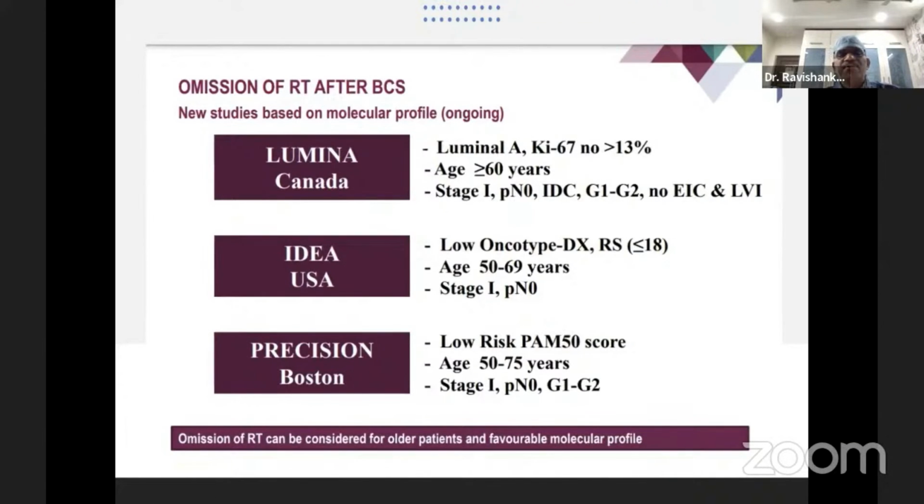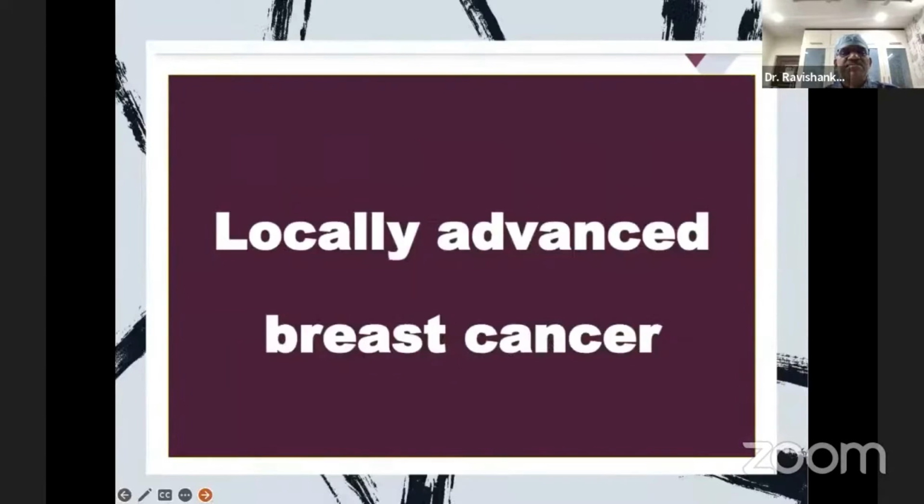Still, I would say that if I have to omit, the patient's age has to be beyond 60 or 65 years. Then happily, if the patient has all the features like stage 1, node negative, ER/PR positive, I would discuss with the patient and then omit, because the expected life is about 12 to 14 years. But in a 50-year-old female, I cannot do the same thing, because it's a brave decision to omit radiation in BCS.